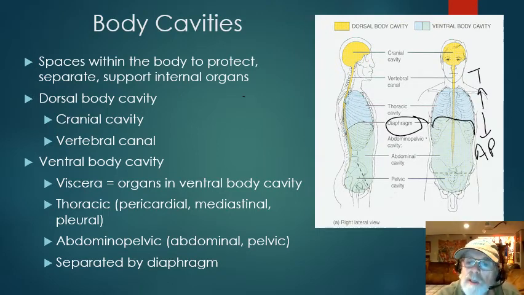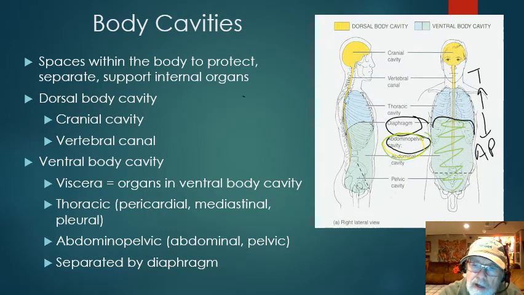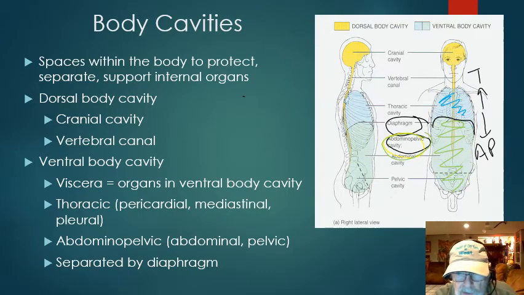So here's my abdominopelvic cavity, which is the green, and my thoracic cavity is the blue up in here, and it's separated by the diaphragm. And that's the ventral body cavity. Now, all the organs in the chest as well as in the abdomen are organs that are in the ventral body cavity. Only organs in the dorsal body cavity: brain, spinal cord. All the organs in the thoracic cavity, as well as the abdominal and pelvic cavity, are ventral body cavity.